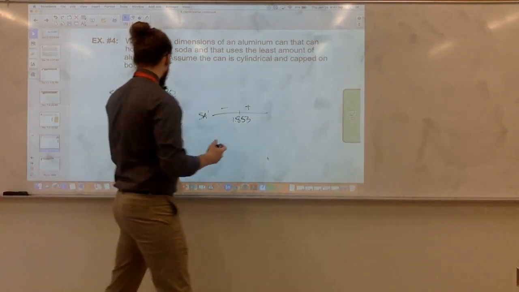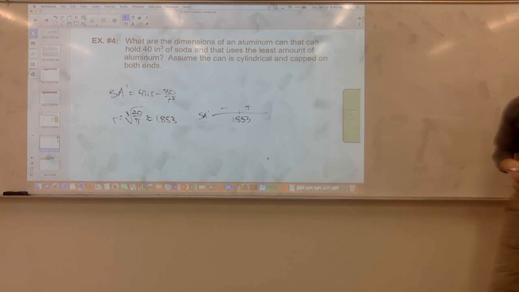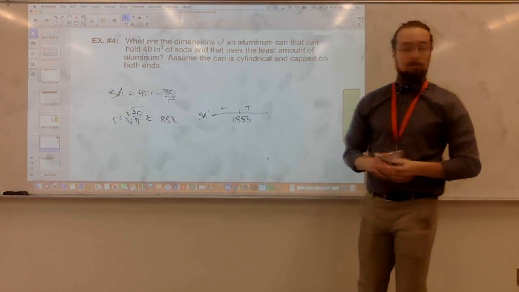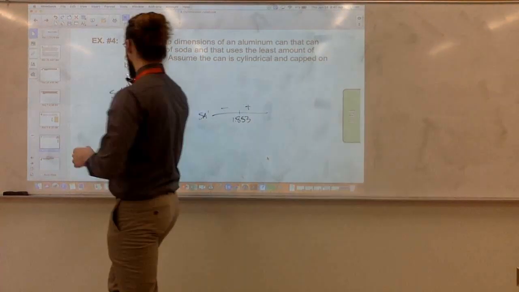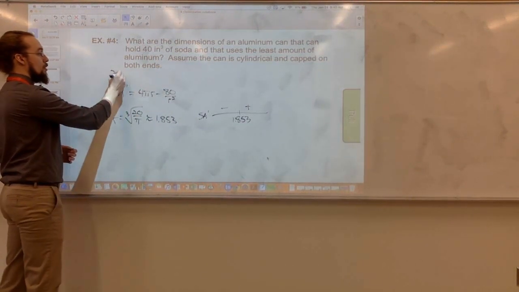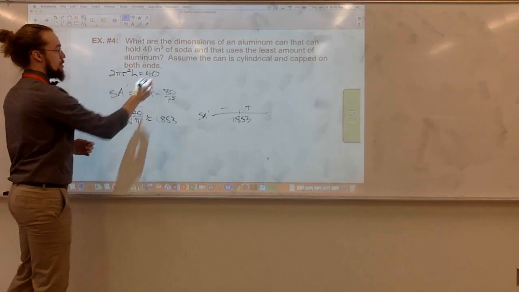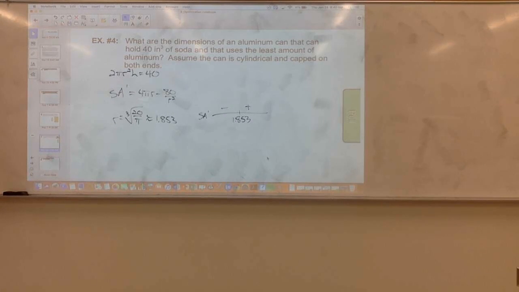So 1.853 is my radius. What do I need to do to find the height then? Plug it into the volume formula. This was our volume formula, right? Our constraint.